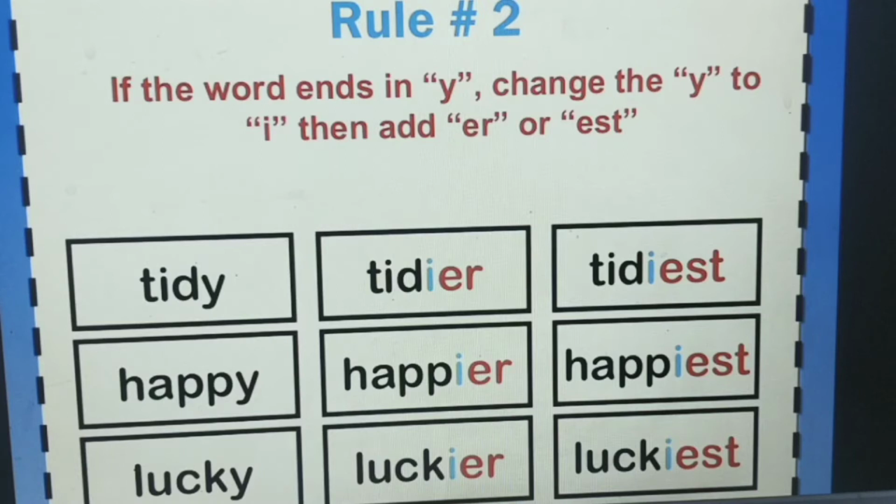Rule number 2. If the word ends in Y, we have to change Y to I and then add ER or EST. Tidy, tidier, tidiest. Happy, happier, happiest.